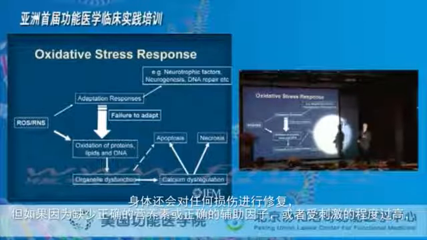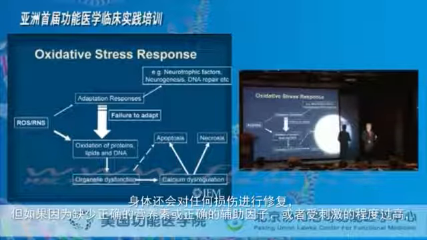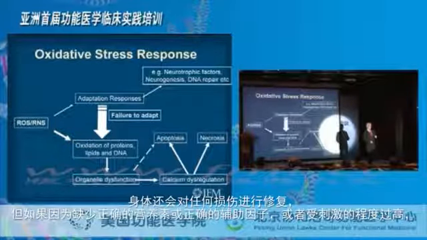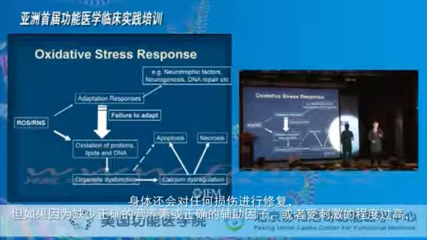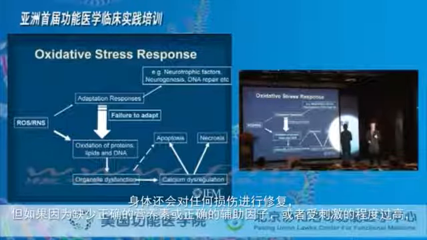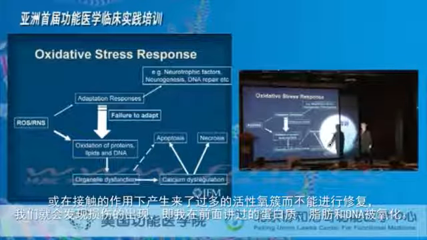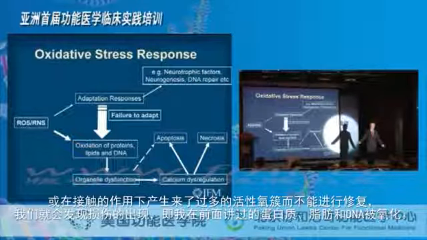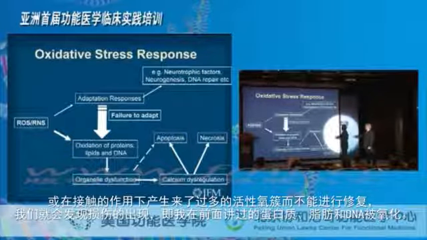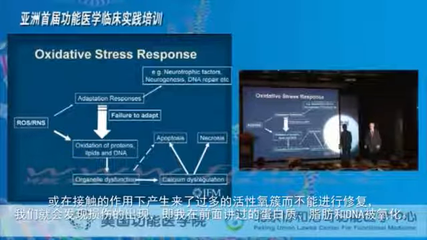But if you don't have the ability to repair because you don't have the right nutrients, or you don't have the right cofactors, or you have too much irritation, too much reactive oxygen species that are going on because of exposures, then we can see that there's this damage that occurs that I've been talking about, the oxidation of proteins, fats, and DNA.